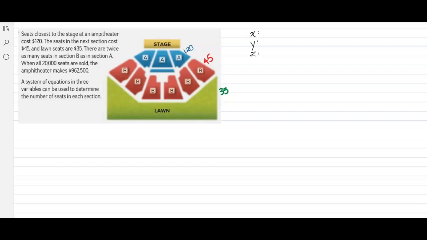Let's see. They want us to determine the number of seats in each section that were purchased, or the number of tickets in section A, the number of tickets in section B. So this is the number of seats in A. This is the number of seats in B, and these are the number of lawn seats.